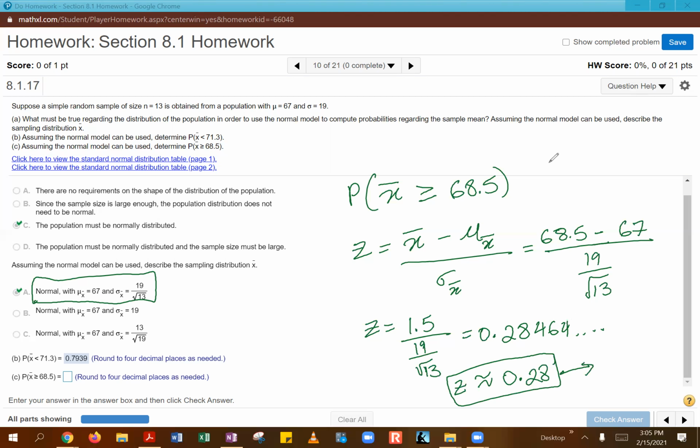Now, however, again, I'm going to do my little normal distribution over here. Your mean is going to be in the middle. So this time we have greater than or equal to 68.5. So, let's imagine if this was somewhere over here. So we're saying greater than or equal to. So this area. So what's going to happen is, remember, by default, the table for the normal distribution is going to give us the area, which is going to be less than.